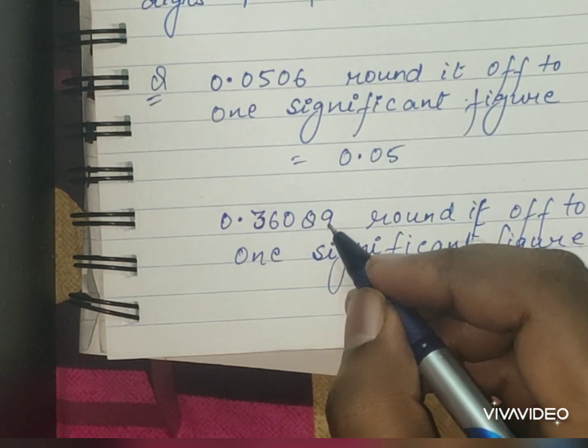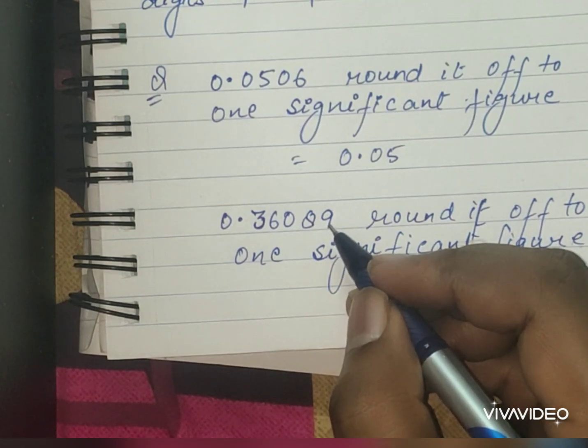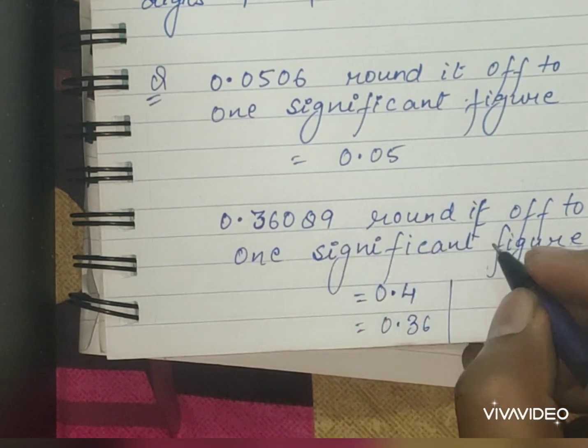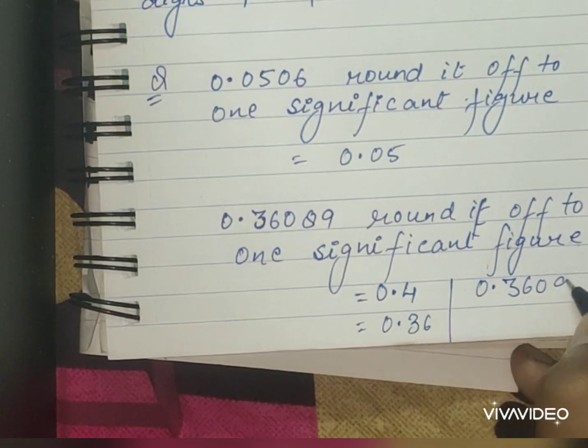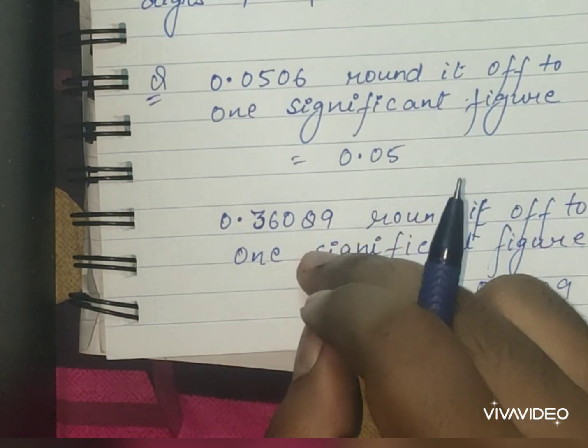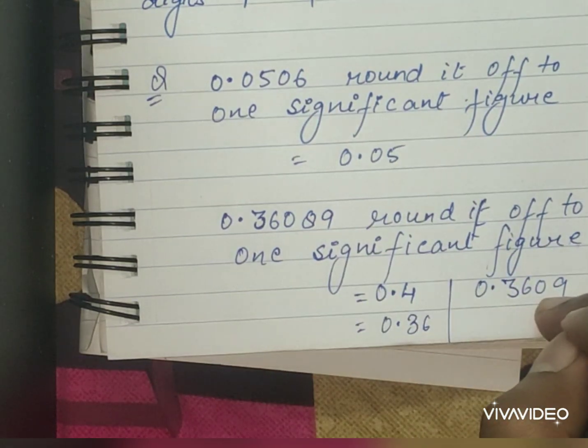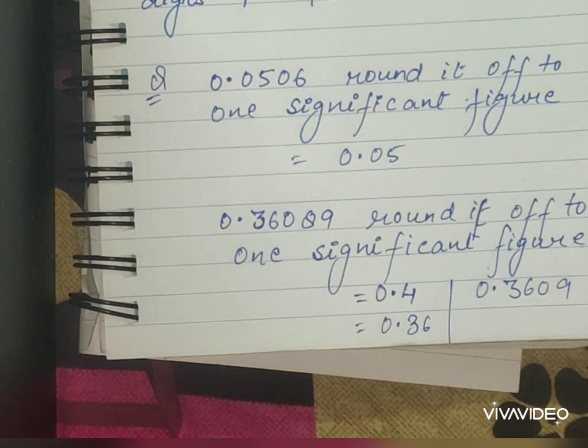At the fifth place, 9 is written, which is greater than 5, so it will be rounded off like this. Clear? This is till 4 significant digits. I hope it is clear. So with this we will end chapter 4. Thank you.